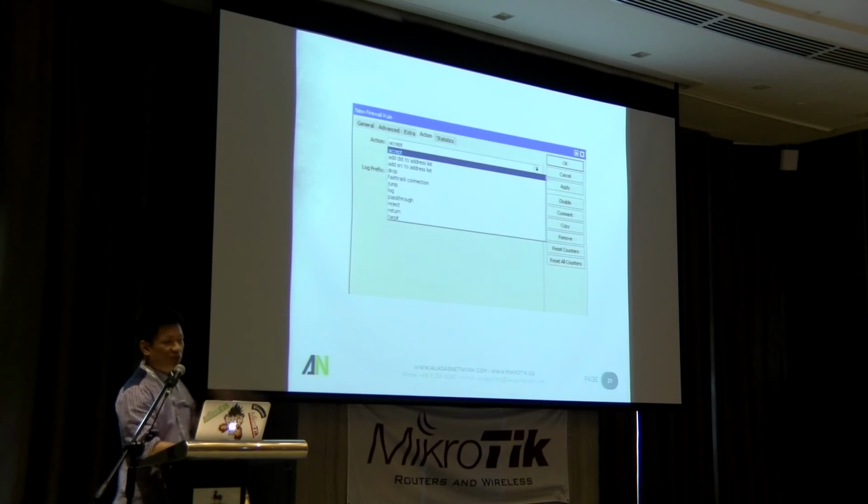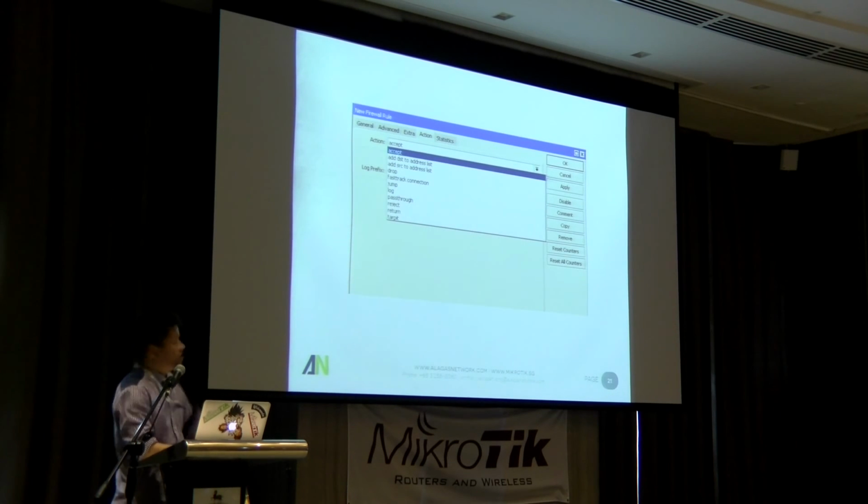So in the jump rules, you tell the firewall, hey, if this is coming from my WAN interface, go to this chain. So instead of going through 200 rules, you're only going through 100, and you can create as many groups as you want and jump around. There's also a return, where when you jump to another chain and it doesn't hit any of the rules there, you can go back to the previous one.